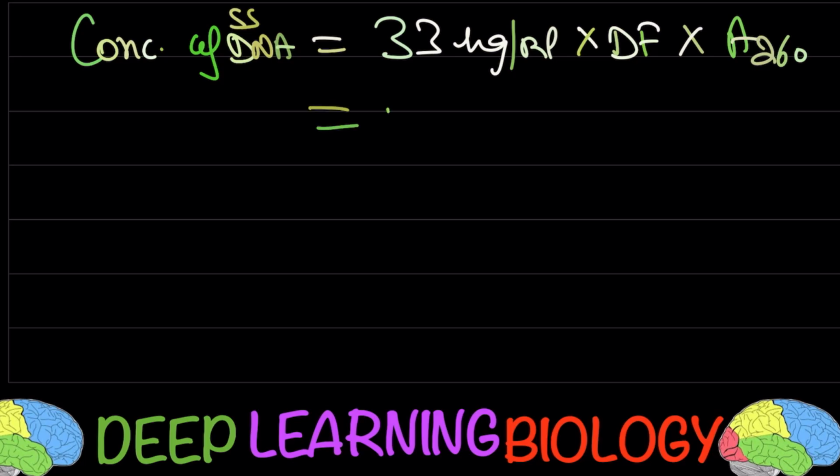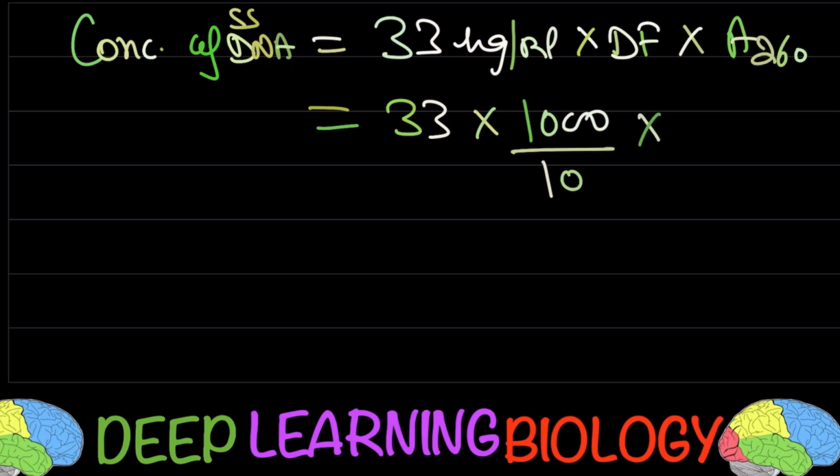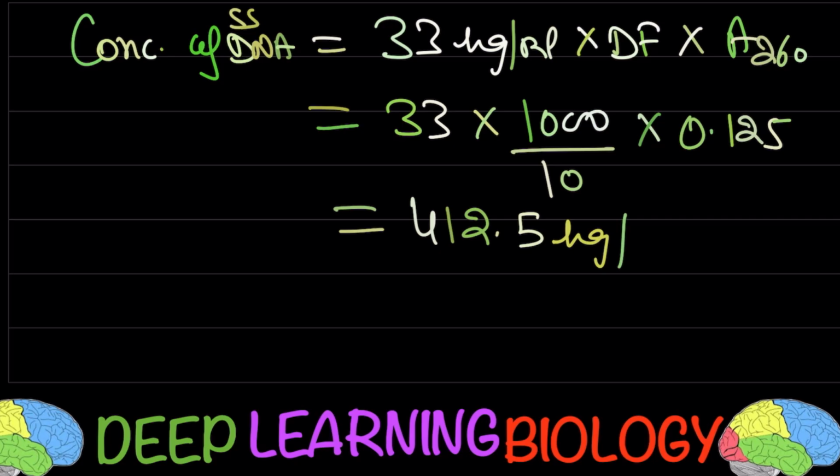Here it will be 33 multiplied by 1000 divided by 10, multiplied by 0.125. If you solve this, your answer will come out 412.5 microgram per ml.